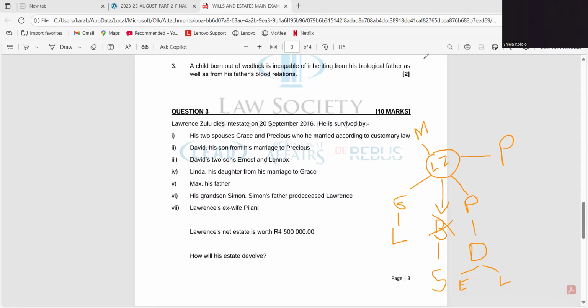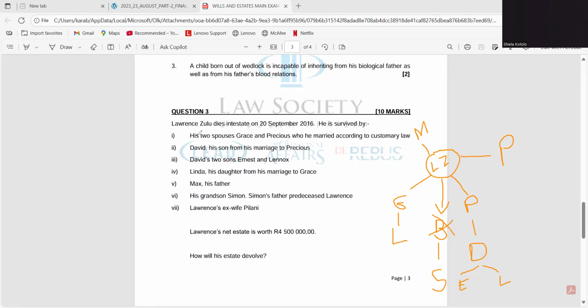Lawrence's estate is worth 4.5 million. So we will start with his two wives. It is a principle of intestacy that a spouse is entitled to inherit a child's share or 250,000, whichever is greater. You will always have that line in your answer if the deceased was married.